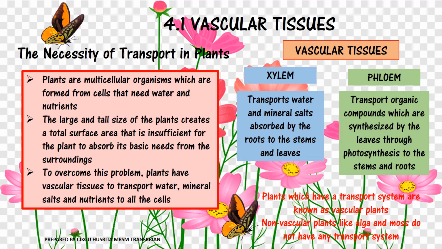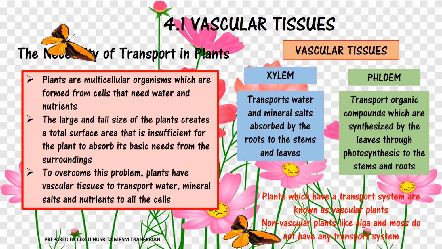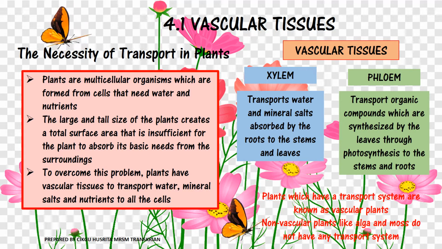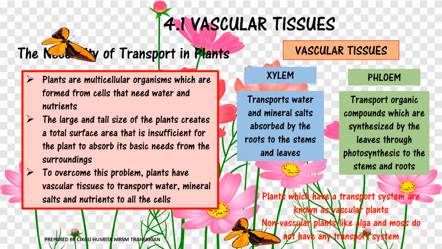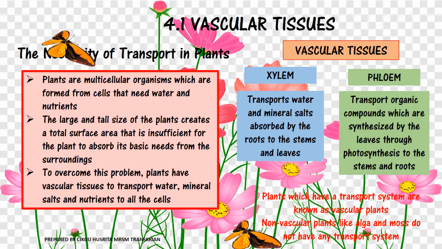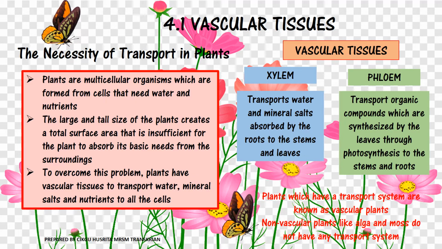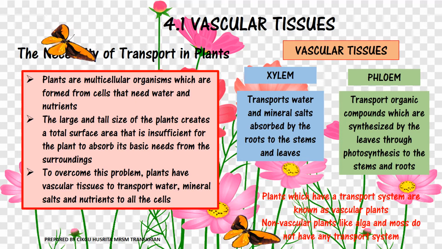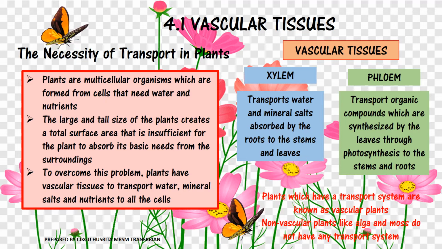The large and tall size of the plant creates a total surface area that is insufficient for the plant to absorb its basic needs from the surrounding. In order to overcome this problem, plants have a vascular tissue to transport water, mineral salt and nutrients to all the cells. There are two types of vascular tissue, which is xylem and phloem.